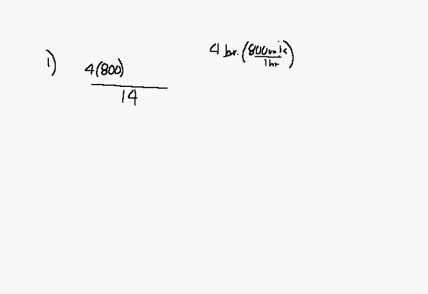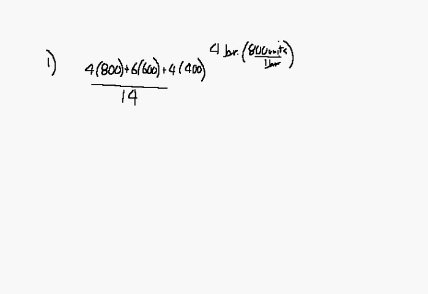The hours cancel, right? And so you're left with units as your units. So you have 4 times 800. The second shift was 6 hours and 600 units per hour, so you say plus 6 times 600. And then the last one was a 4-hour shift, and they produced 400 units per hour, so 4 times 400.